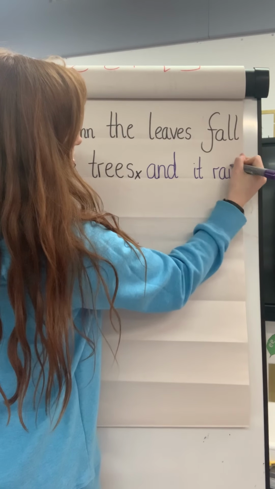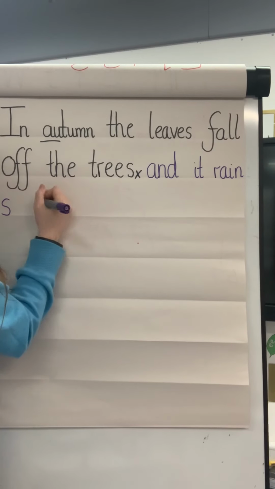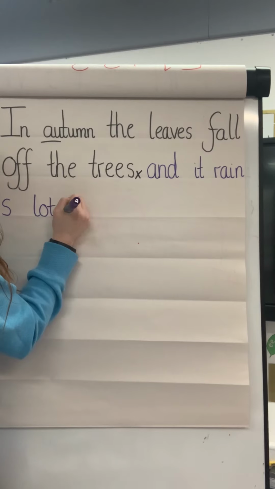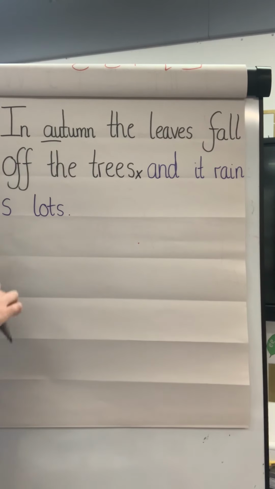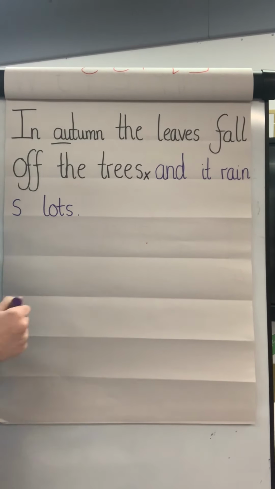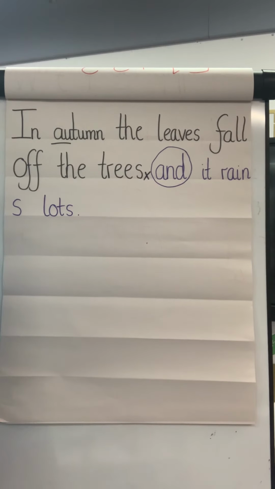Rains. In fact, I'll put it rains lots. So in autumn, the leaves fall off the trees and it rains lots. So you can see how you can extend that sentence using the conjunction and see whether you can extend it for me.